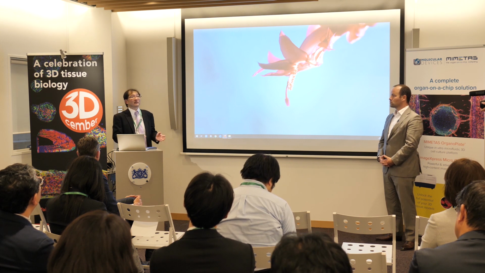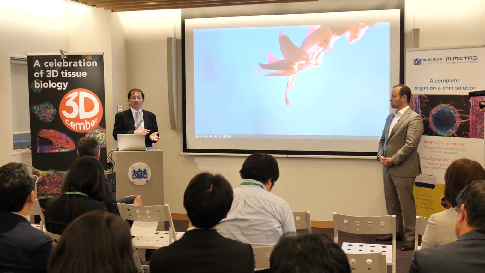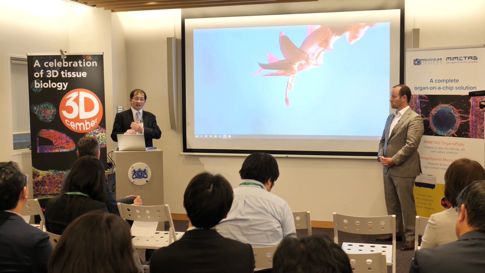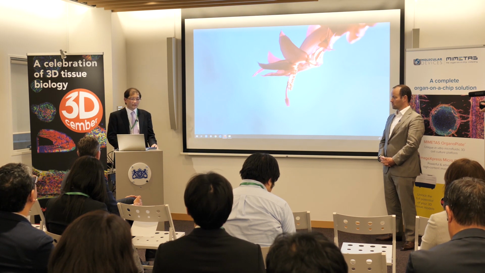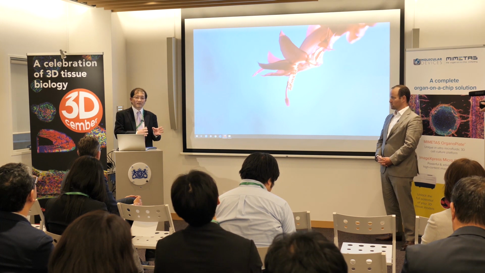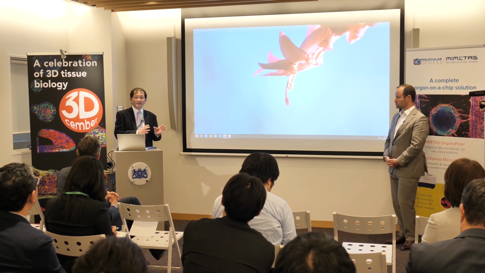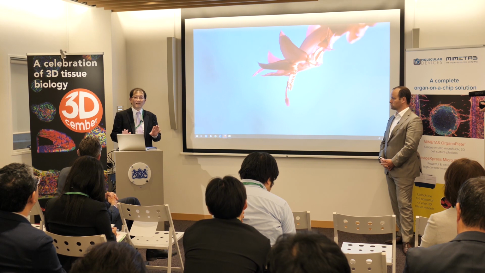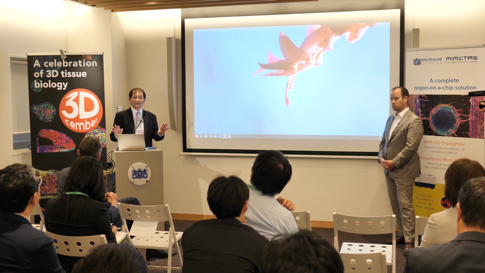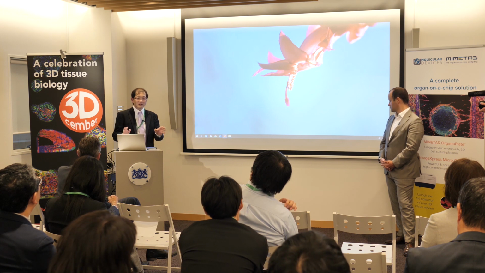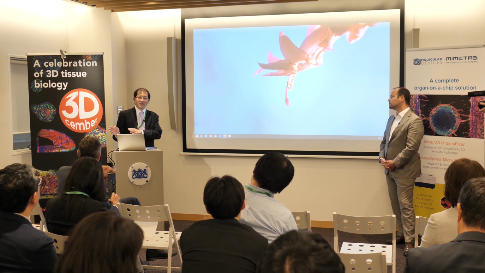And the other point is the strength of the MPS systems in the PBPK model format. Previously we only focused on single tissue models, liver and kidney. So we did not consider the interaction between the different tissues. That was not included in the PBPK model.